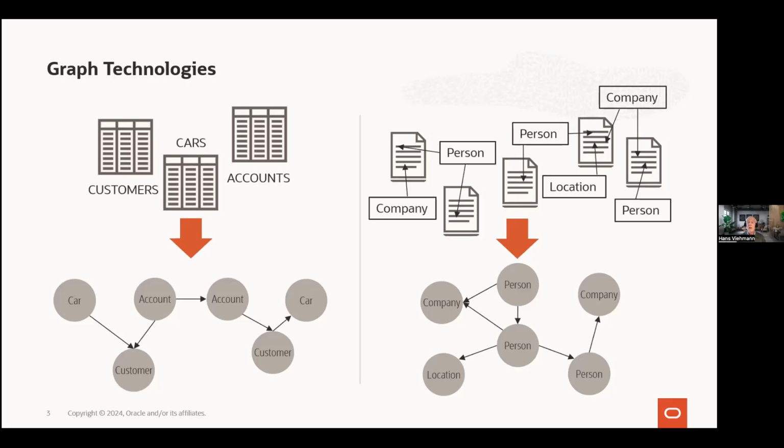So essentially, this is the same data as before, but by handling the relationships as kind of first-class citizens in the database, what we are enabling is a new kind of analysis, right? And you can use that approach on structured data, like what we've shown here on the left-hand side, but this also works quite nicely on documents, right?